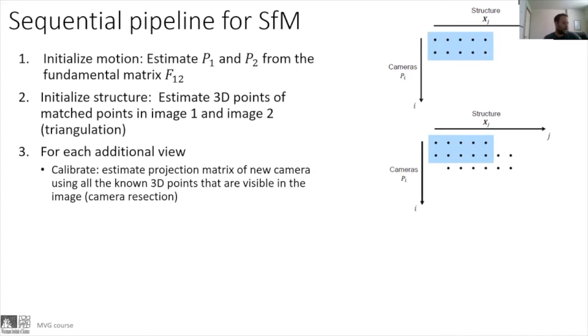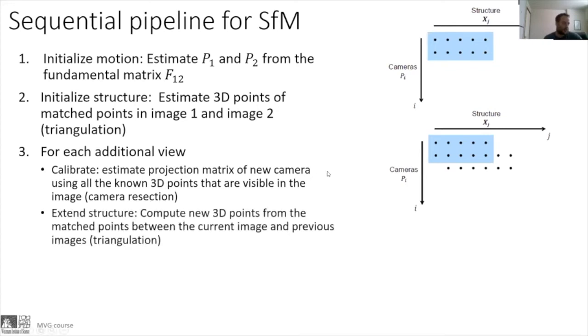So we have 3D to 2D correspondences, and we can solve for the camera matrix using resectioning. Then we extend the structure. We compute the new 3D points from the point matches that we have. Actually, we do a triangulation for our new points.